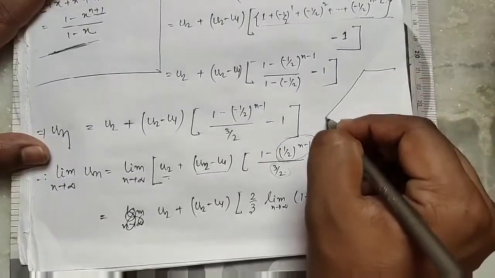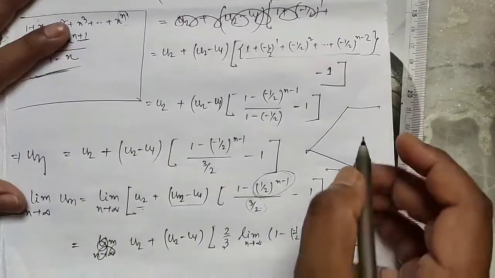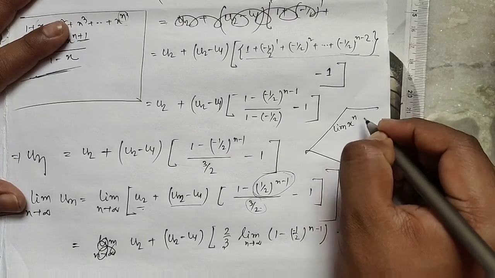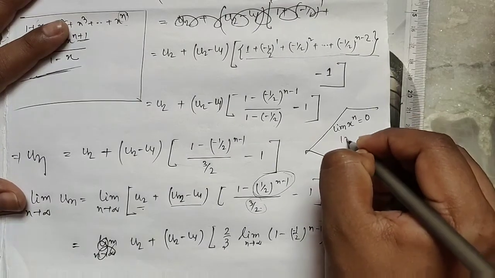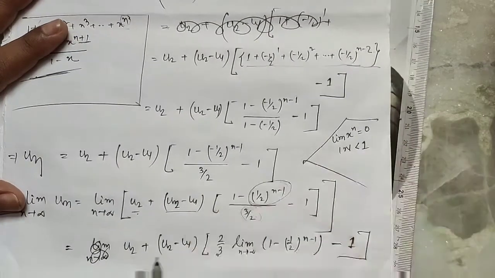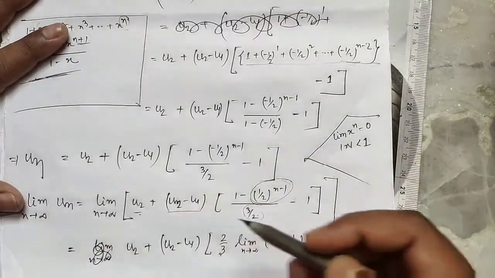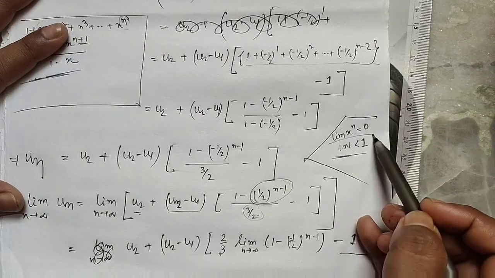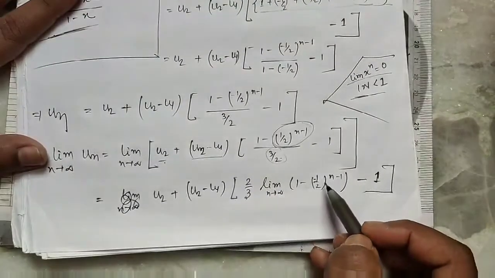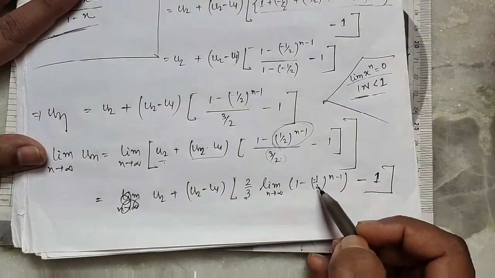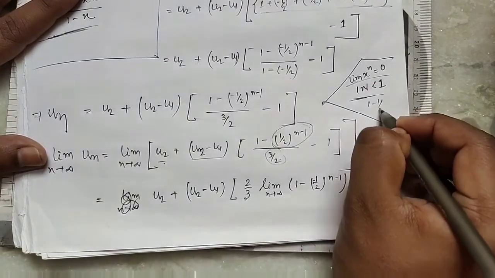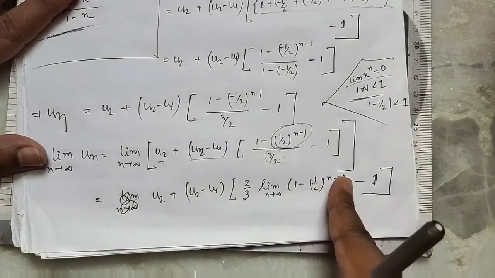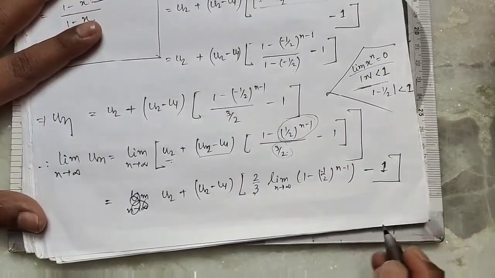This is 0 because limit x to the power n equals 0 for mod x less than 1. Okay, this rule we discussed in the previous class. If mod x is less than 1, then limit x to the power n equals 0. So here x is minus half, so mod of minus half is less than 1, so minus half to the power n minus 1 converges to 0.